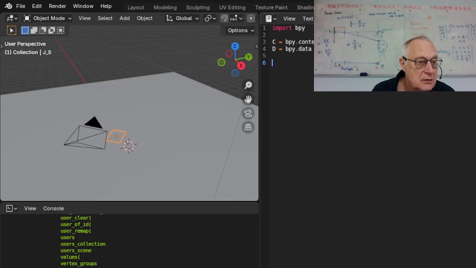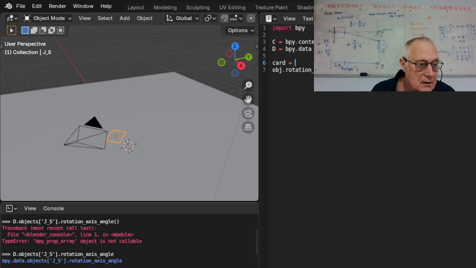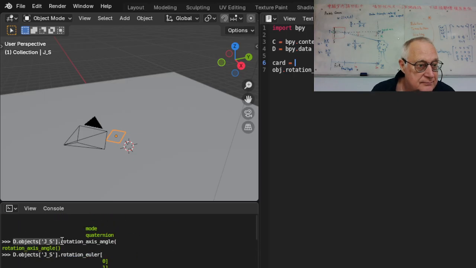Rotation radius. It's called... here our radians.